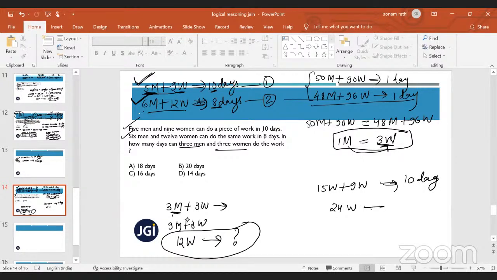So 24 women in 10 days. So 12 women in how many days? That's it. If you are dividing this by 2, you have to multiply this by 2. Got it? Simple.